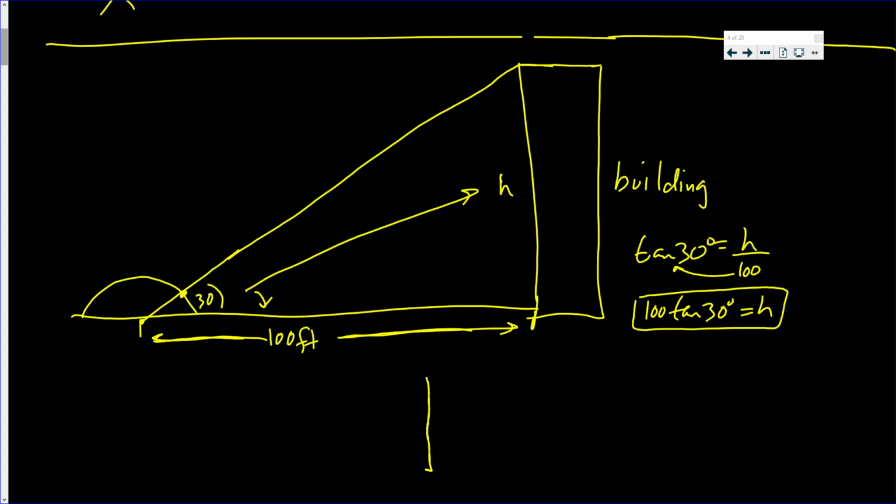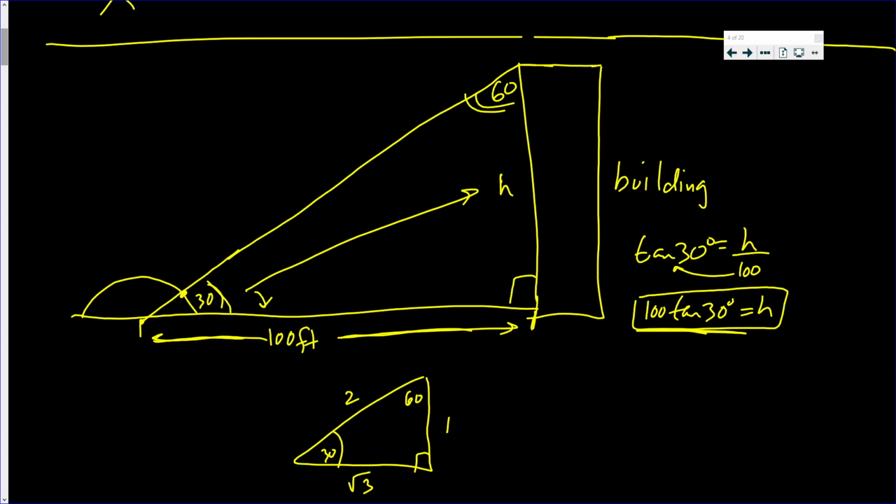Now, if you don't know how to calculate this, you can always use your calculator. But basically, we know this is a right angle. This is 30. So, if this is 30, that must be 60. And here's a right angle. Their sides are always in this ratio: 1, 2, square root of 3.